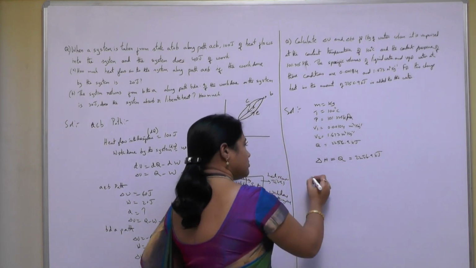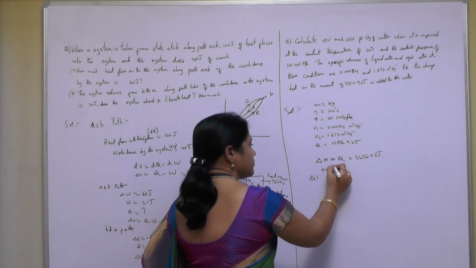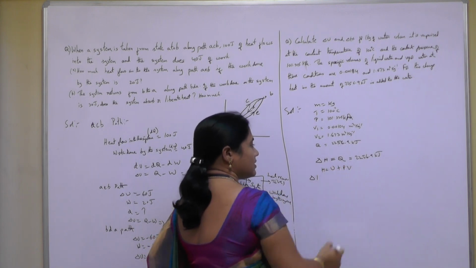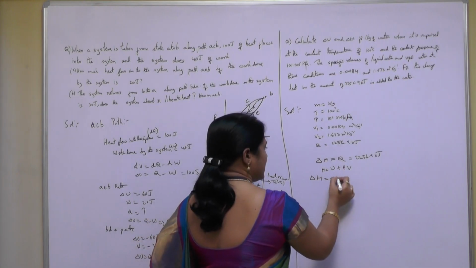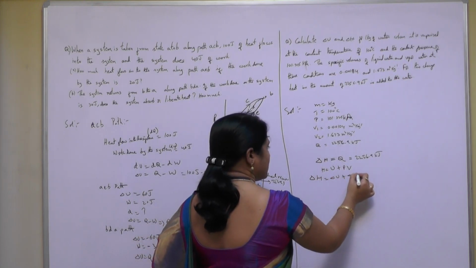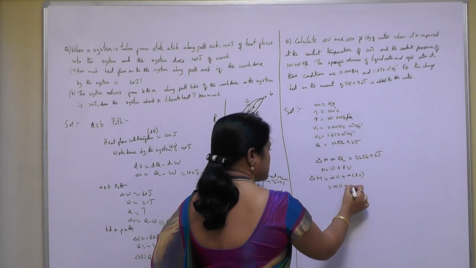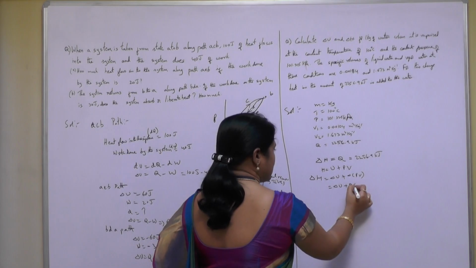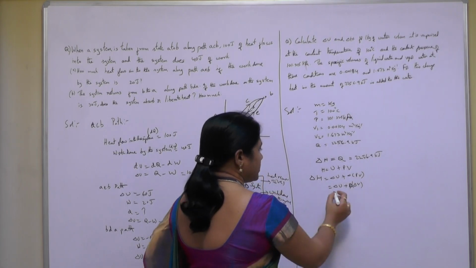And now from the enthalpy relation, H equals U plus PV, delta H equals delta U plus delta PV. If it is a constant pressure process, we can write P delta V. And we don't know delta U, so we have to find out delta U.